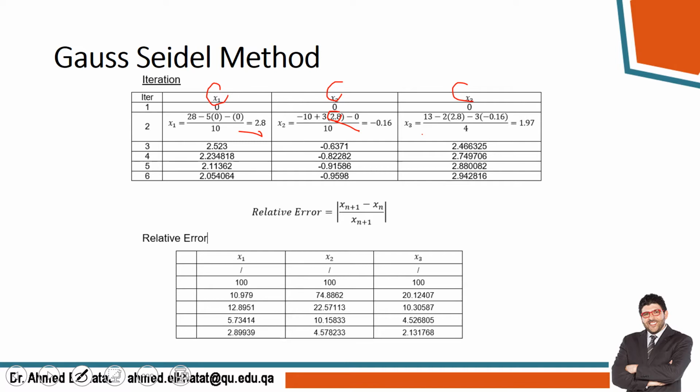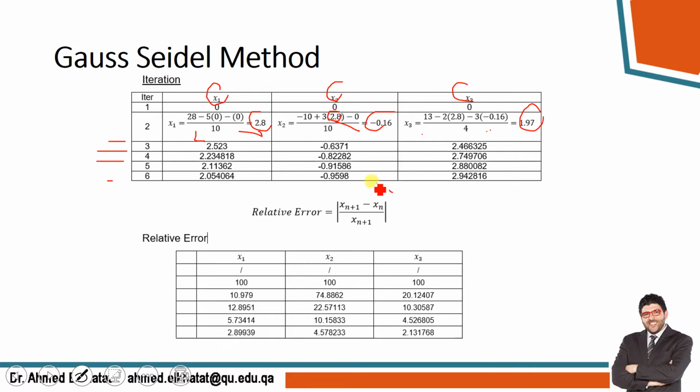Since the recent values are these, we substitute them here and find x3. We repeat the second, third, fourth, and fifth iterations in a similar way.